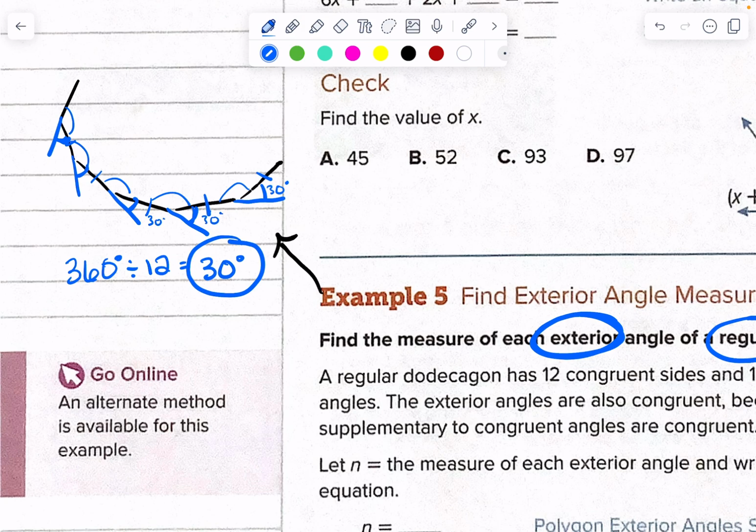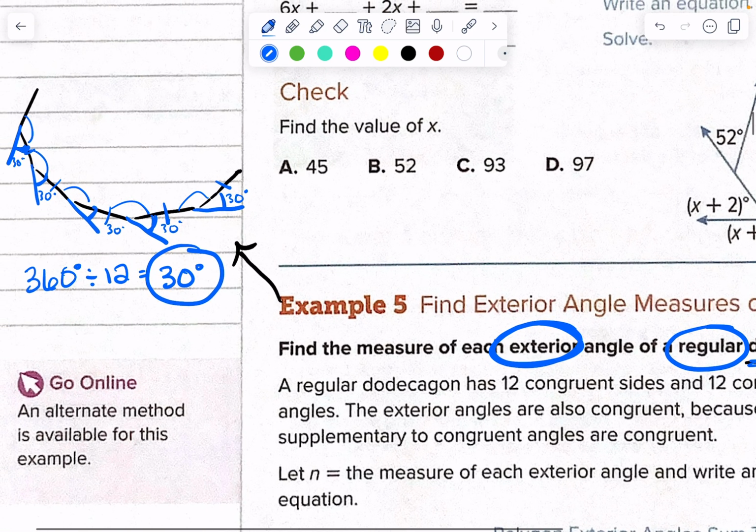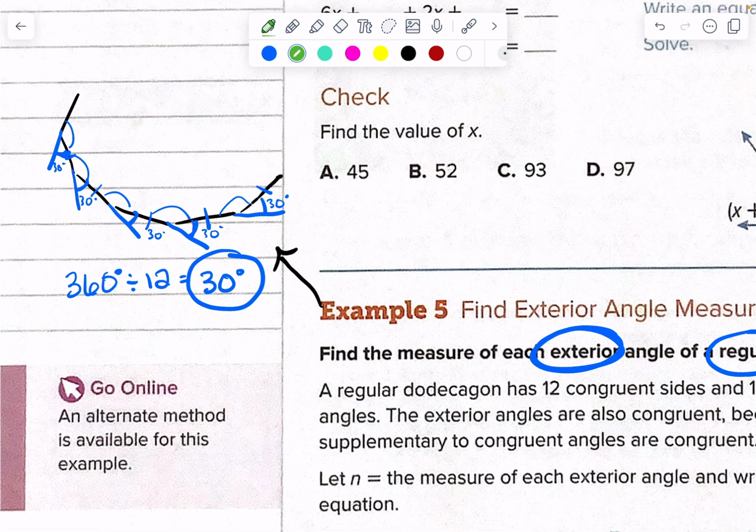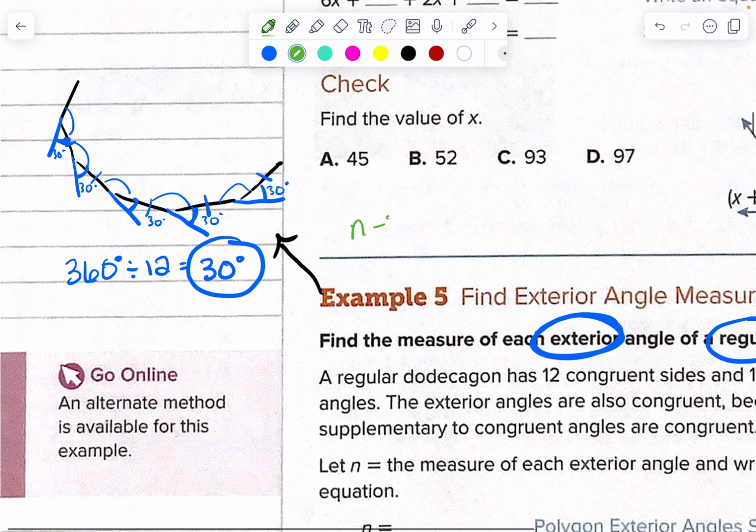Now, if you want to cheat a little bit, you can find the measures of the interior angles really easy. Instead of doing the n minus 2 times 180 thing, we know that an exterior angle has to be 30, so the interior angle has to be 150 because those two have to add up to be 180.